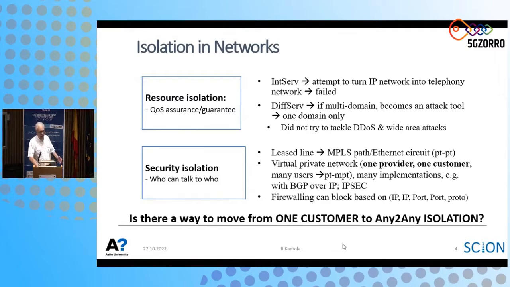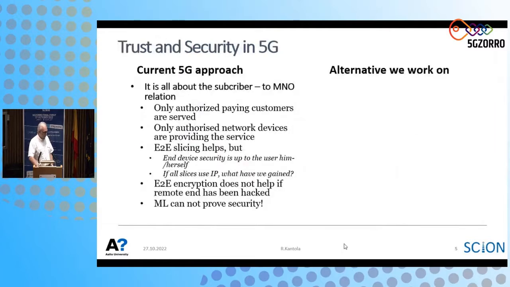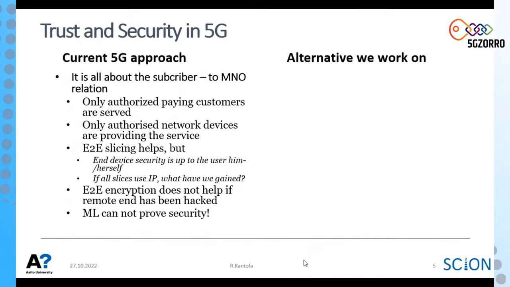If we want to provide end-to-end secure services, then this is what we need. The current approach is largely about the subscriber to MNO relation. Your work expands the MNO to MNO roaming relationship to something more generic, a business to business relation, but still the end-to-end is missing.